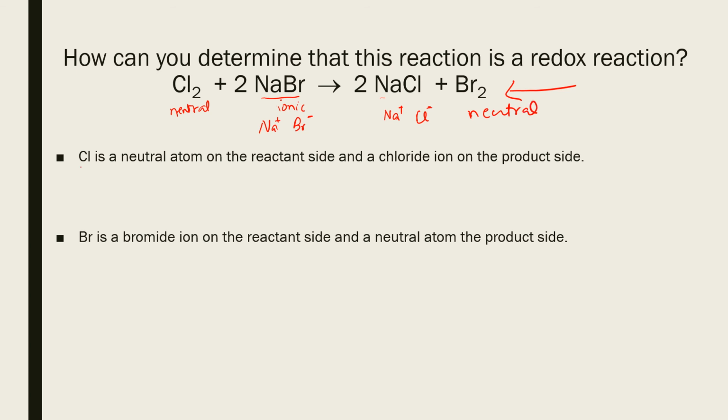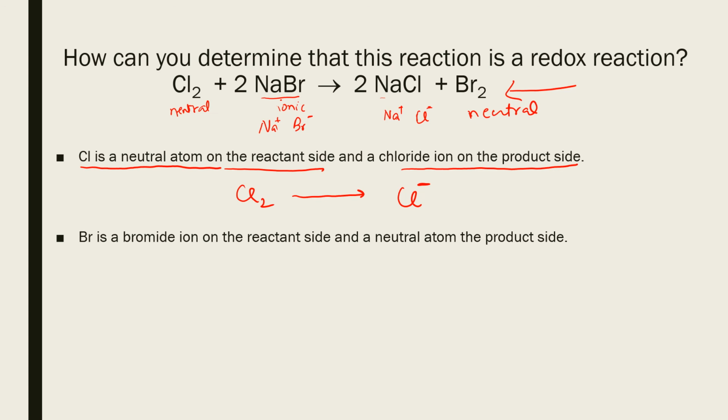Chlorine is a neutral atom on the reactant side, and on the product side it has a negative charge. So if we split this reaction into two half reactions, the chlorine from the reactant became Cl negative. How can a neutral become a negative charge?